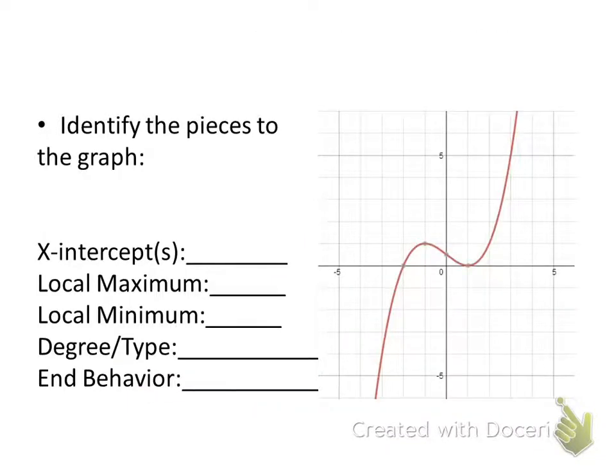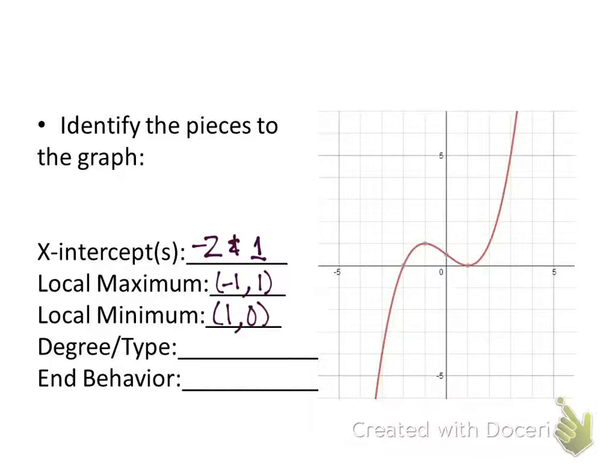So in the first graph, we already identified what the X-intercepts were. From the warm-up, we said -2 and 1. Now we're going to determine, okay, what's a local max, what's a local min. So the local maximum is at the point -1, 1. That's a peak. And the local minimum, we're looking at 1, 0.